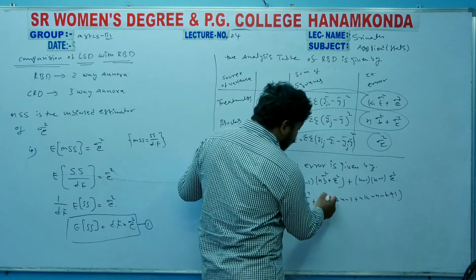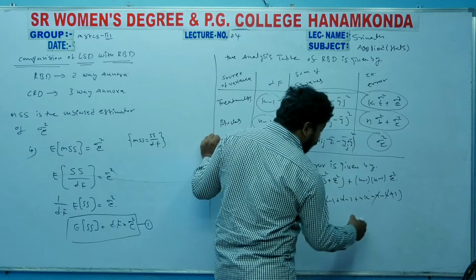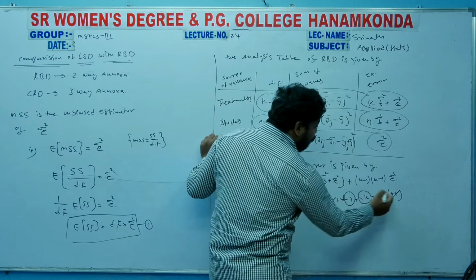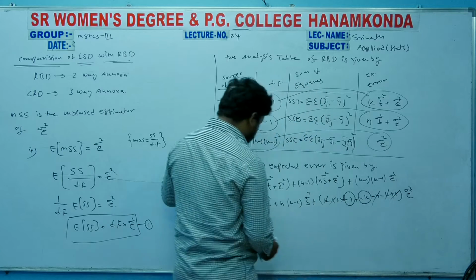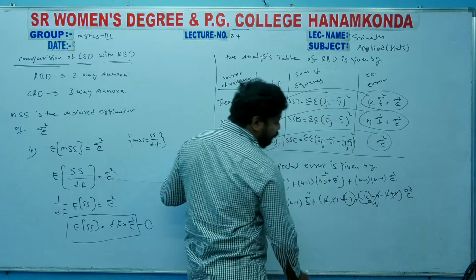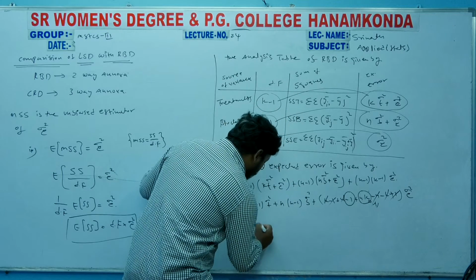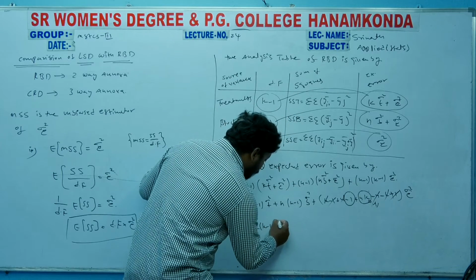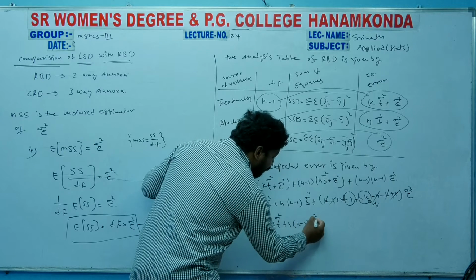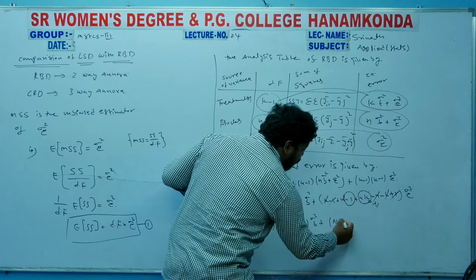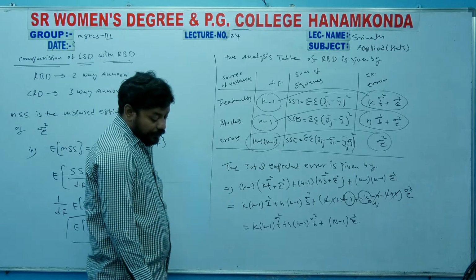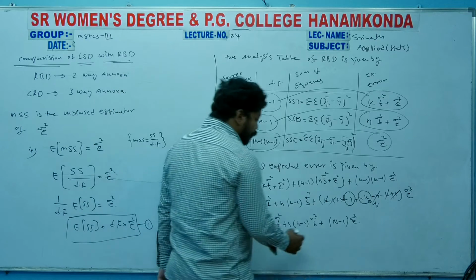Then k n and n get cancelled, and minus 1 and plus 1 get cancelled, and remaining n and minus 1 and variance of e. N into k is similar to capital N. Finally, k into k minus 1 into variance of t plus n into n minus 1 into variance of b plus N minus 1 into variance of e is the total expected error. Equation 2.